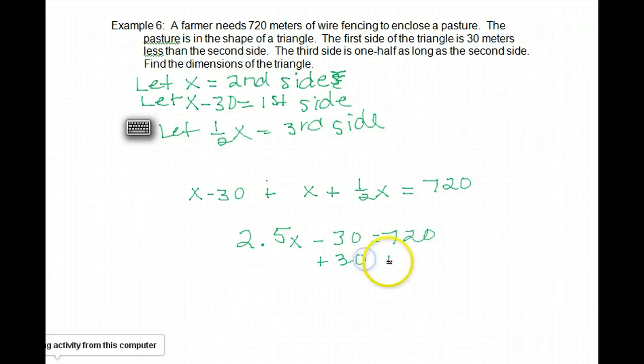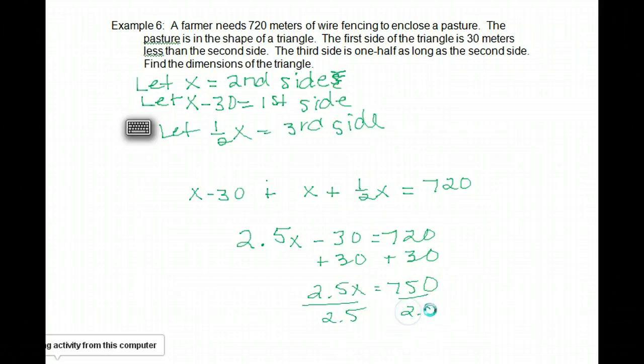I'm going to add 30 to both sides. 2.5x equals 750. Divide both sides by 2.5, and x equals 300.